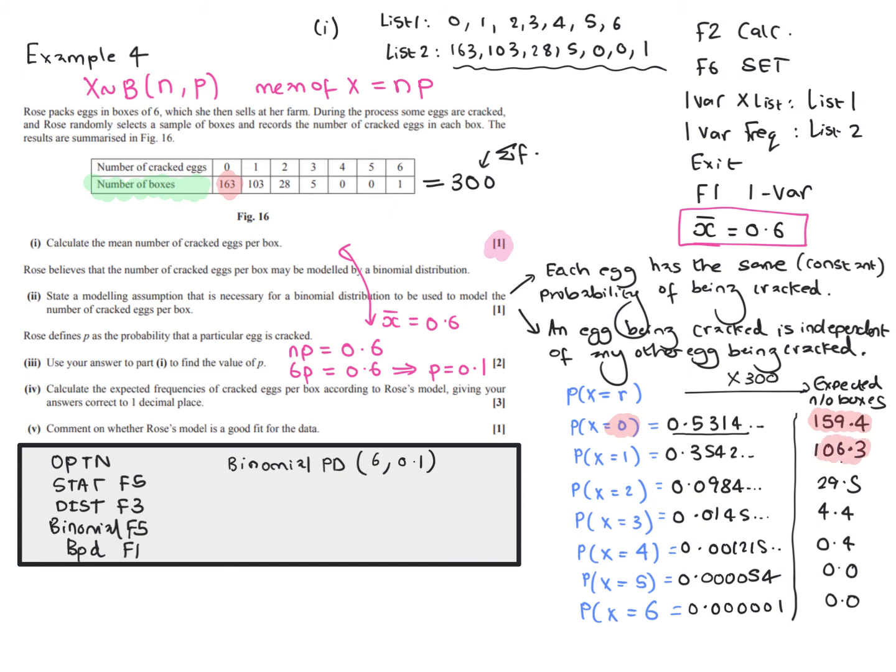We predicted there would be 106.3 boxes with 1 cracked egg. There were actually 103. So we can go through the list comparing the expected number of boxes with the actual number of boxes, and the comparison isn't too bad. So because the theoretical frequencies, which we've just calculated, are quite close to the actual frequencies, the model can be described to be a reasonable fit for the data.